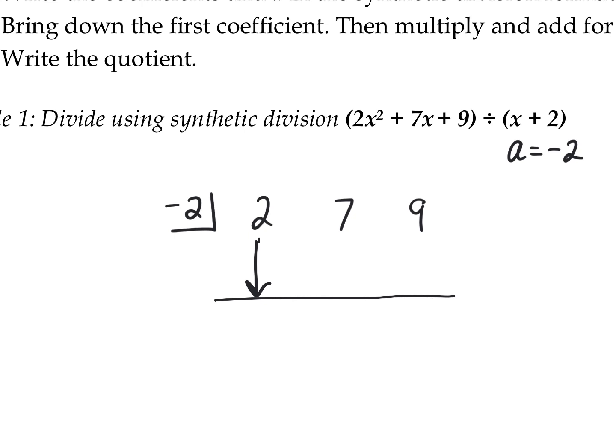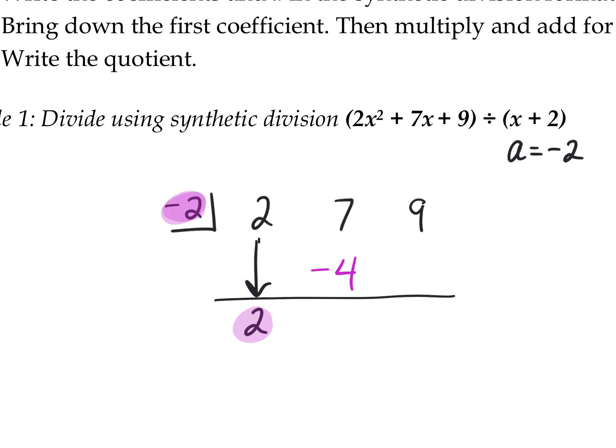What we do to synthetically divide is we take this first 2 and we drop it below the line. And then we perform two operations, multiplication and addition. So I take my a value, my -2, and I multiply it times +2. The result is -4, which I place underneath the next term.